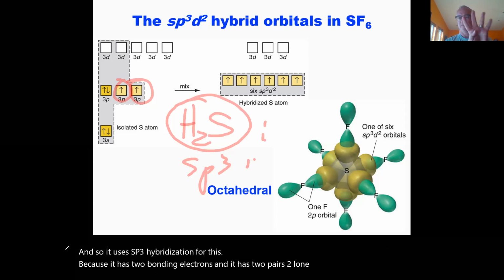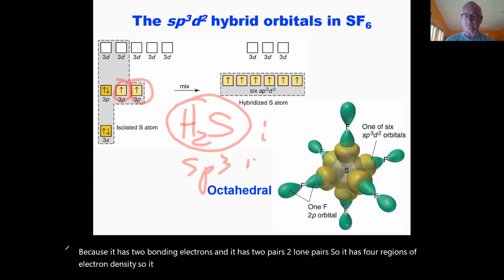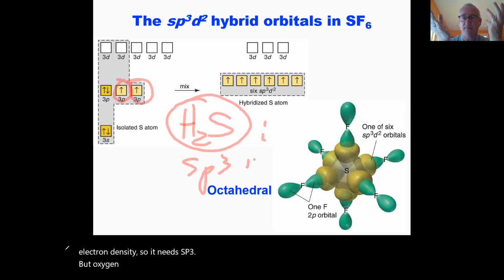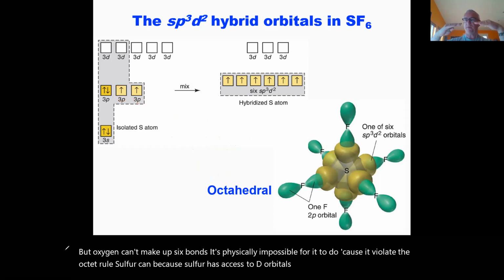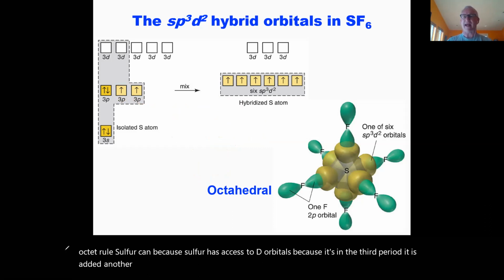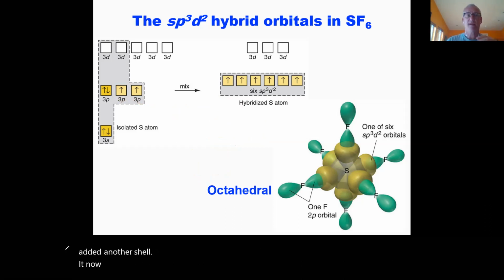So it has 4 regions of electron density, so it needs sp3. But oxygen can't make 6 bonds. It's physically impossible for it to do, because it can't violate the octet rule. Sulfur can, because sulfur has access to d orbitals, because it's in the 3rd period. It has added another shell. It now has d orbitals available to it.